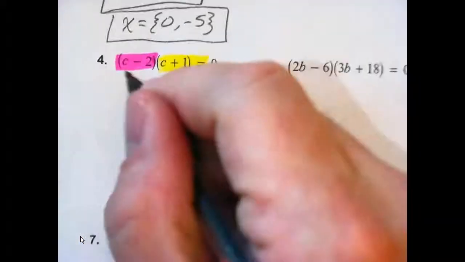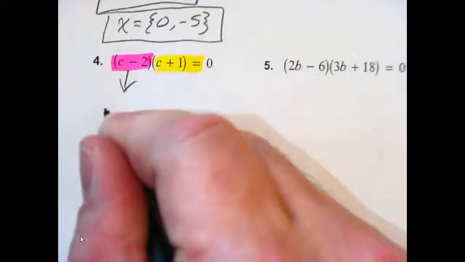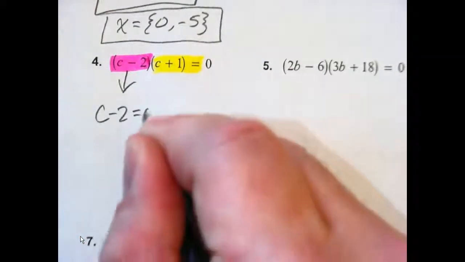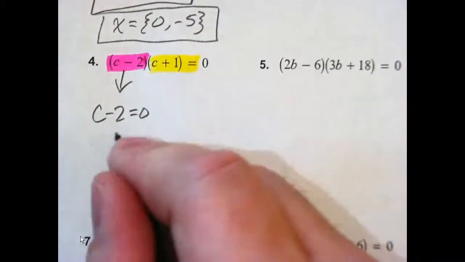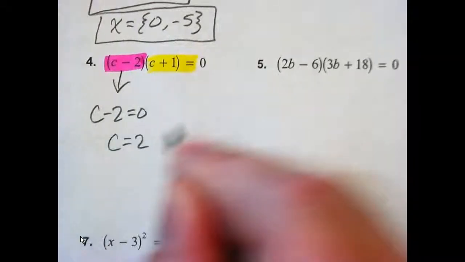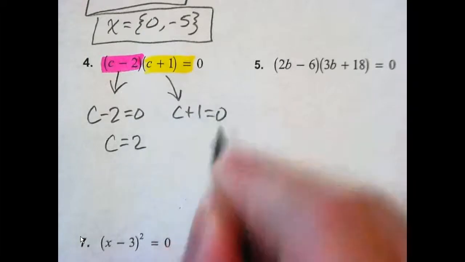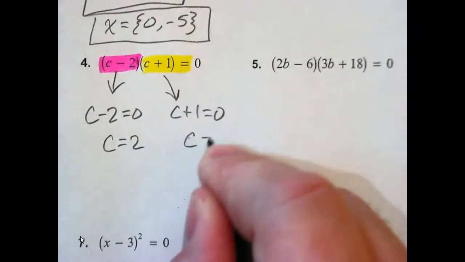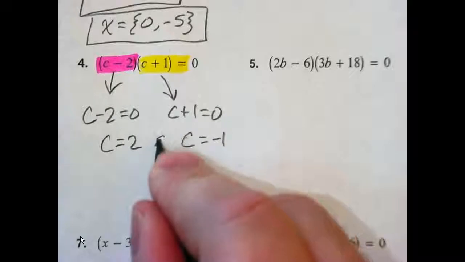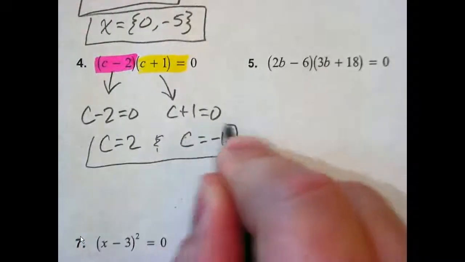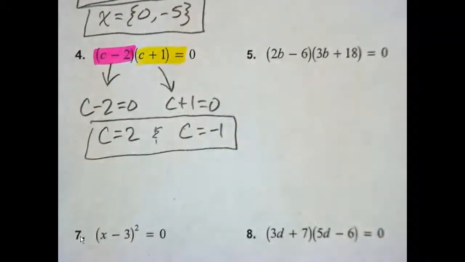So if this part was 0, what makes C minus 2 equal to 0? Yeah, 2. To solve that, you just add 2 to both sides, so C equals 2. And here, what makes C plus 1 equal 0? Good. To solve it, you have to subtract 1. Negative 1. Just 2 and negative 1.